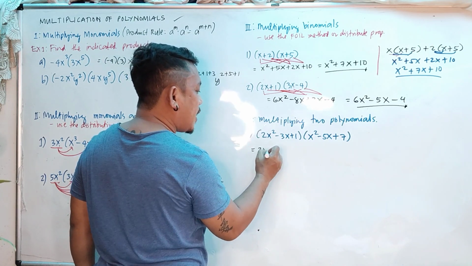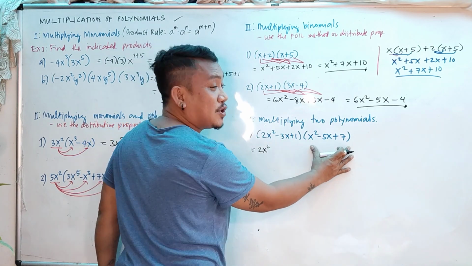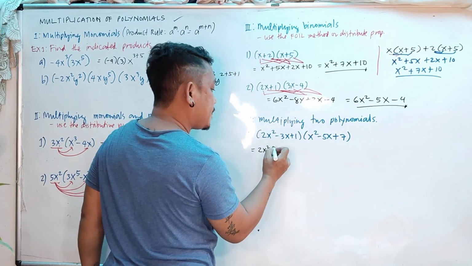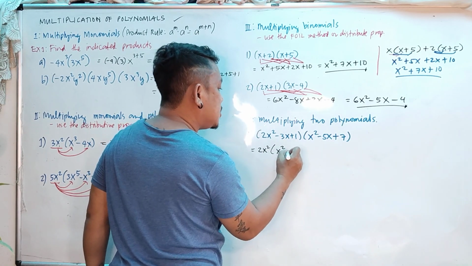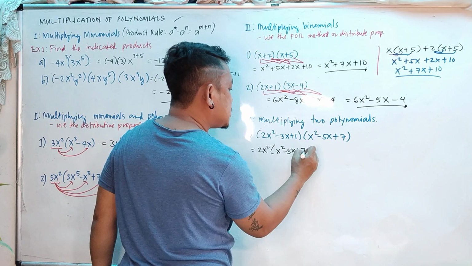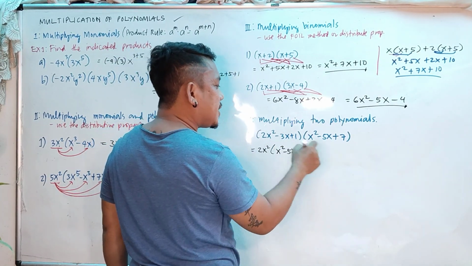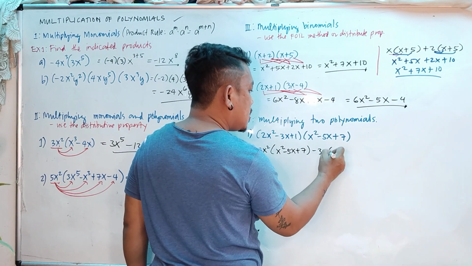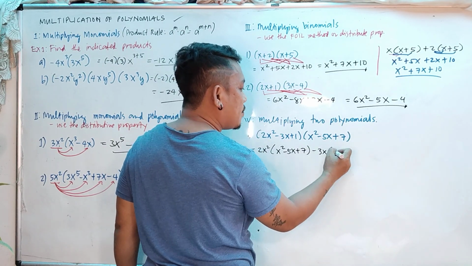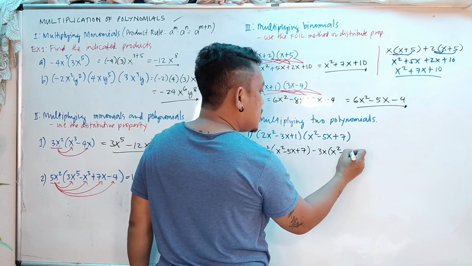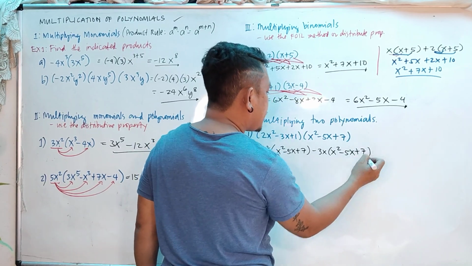So, you just copy 2x squared for ease. Then, multiply the second polynomial. You have x squared minus 5x plus 7. Okay? Copy minus 3x. Then multiply it also by the second polynomial. X squared minus 5x plus 7. Okay?